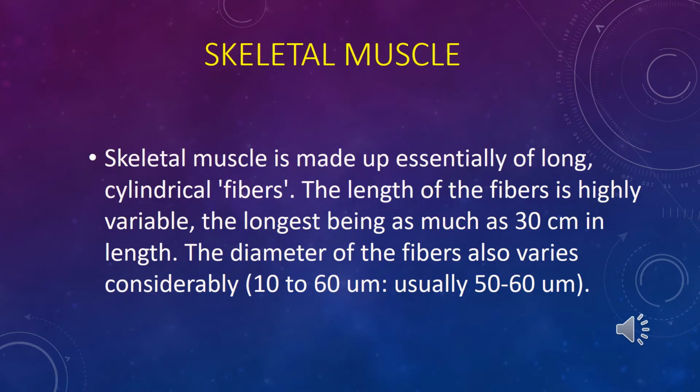Skeletal muscle includes a structural unit, its fibers, muscular fibers. In general, it has a cylindrical shape, is very long, sometimes near 30 centimeters, and the diameter may be, depending on the different types of muscles, from 10 to 60 micrometers.